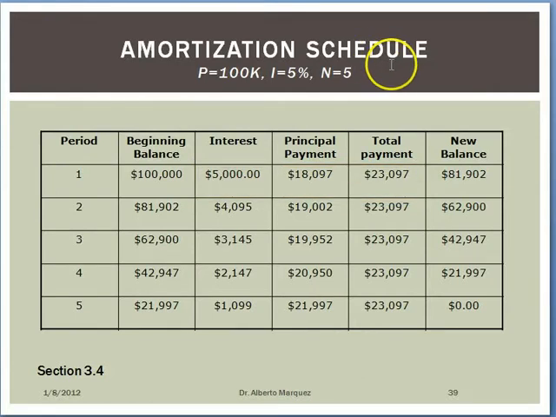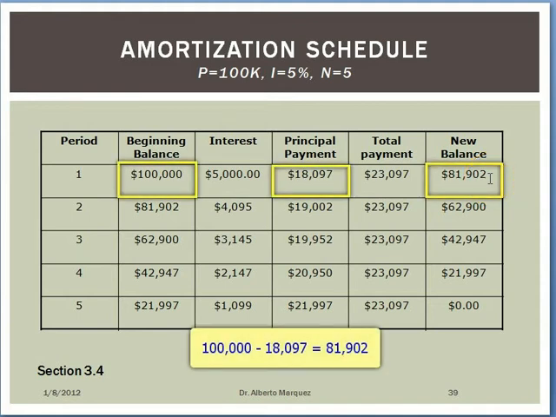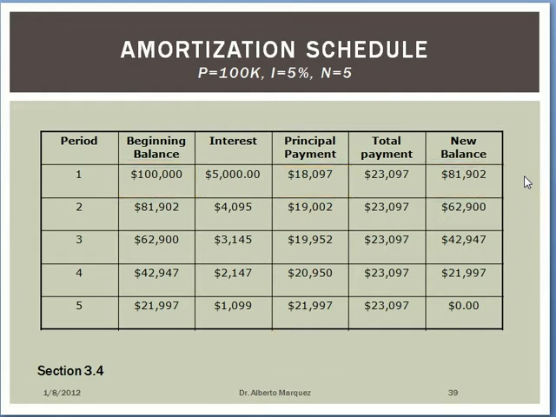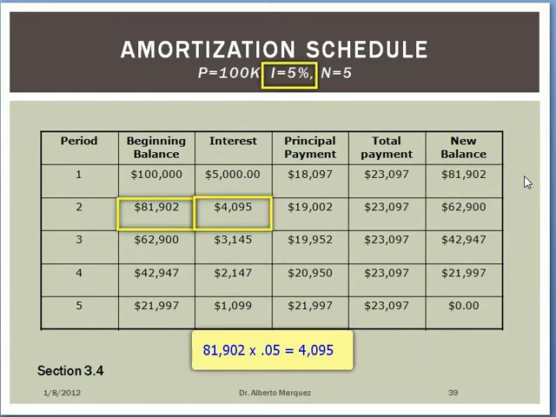And then we have a new balance of $81,902. That is generated as the difference between 100,000 and the $18,097 that were destined to reduce the amount we owe. At the beginning of the second year, we begin with $81,902, and 5% of that amount is now $4,095.